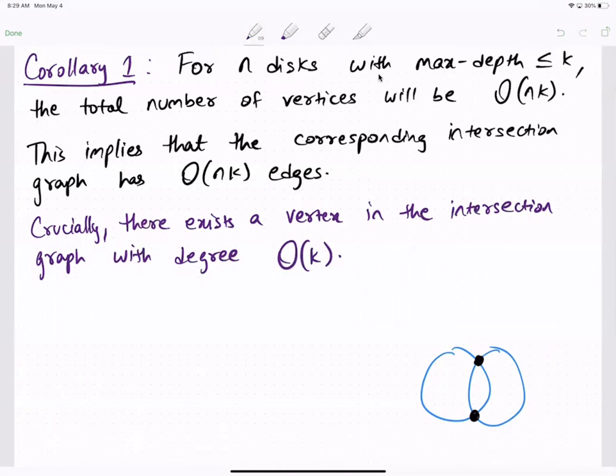Clearly, there has to exist a vertex with degree order of k. Very easy to see. Okay, good. So now we have to remember this fact.